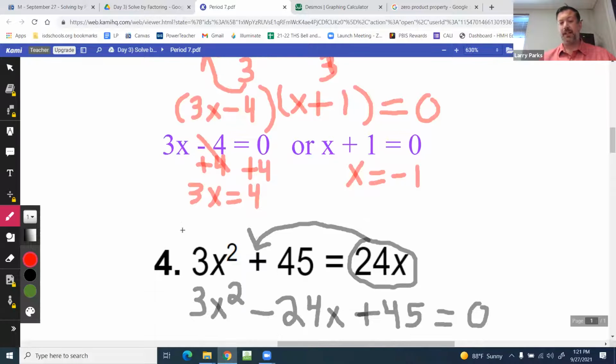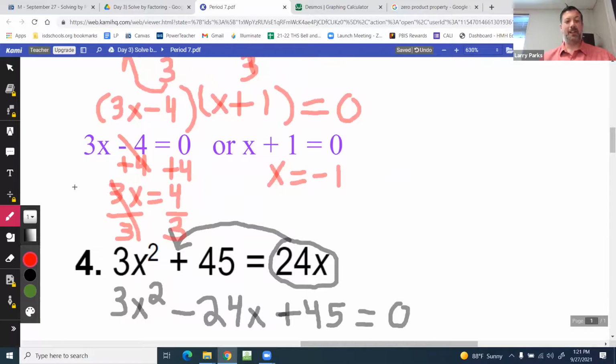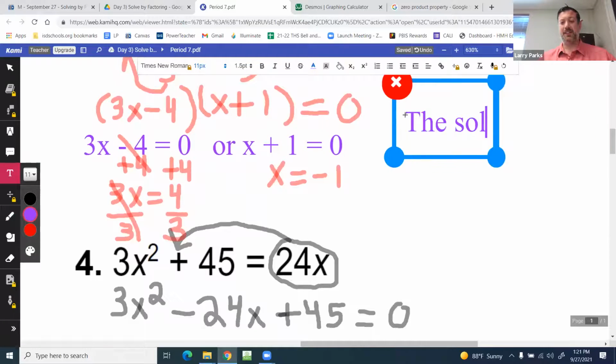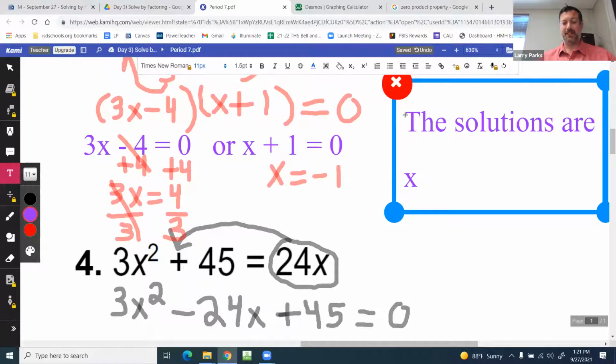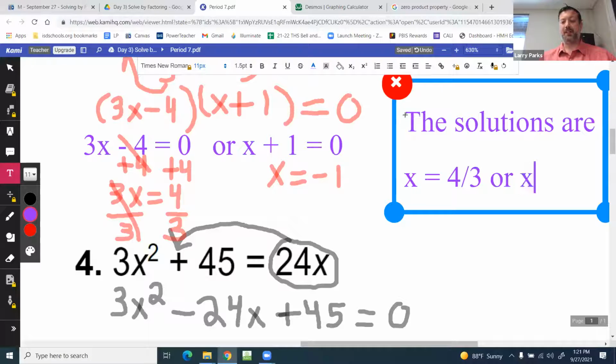And then you divide by 3. So that's why you take algebra 1 before algebra 2. Because in algebra 1, you've already learned how to do this. So you get x is 4/3 or x is -1. So as my final answer, I'd say the solutions are x equals 4/3 or x equals -1.